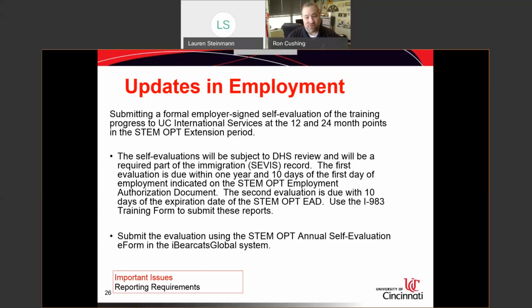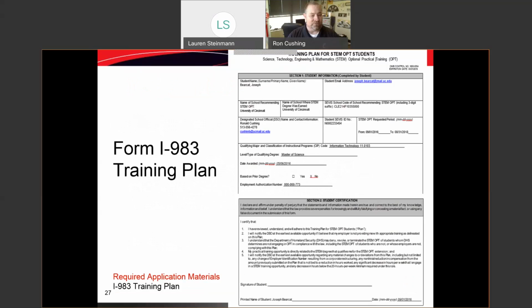We have students who are getting requests for evidence when they're applying for H-1Bs, asking for proof that they submitted the I-983 training plan and the final evaluation timely. Make sure that you're on top of this and that you follow through with it. The form itself is a pretty easy form to fill out.